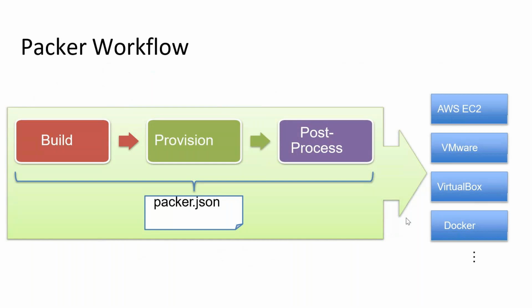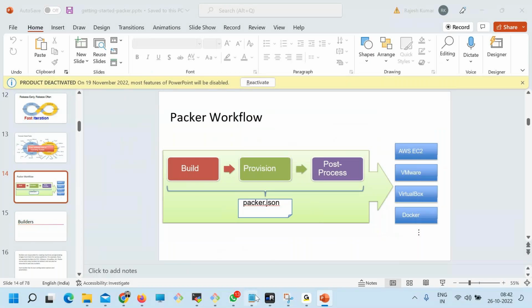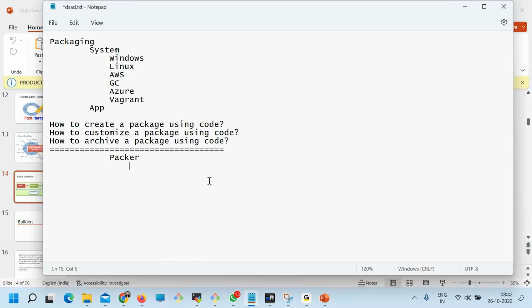Okay, so build means how to build the packages. So we have a builder. Let me write for my notes. So in Packer we have three options: build, provision, and post processors.